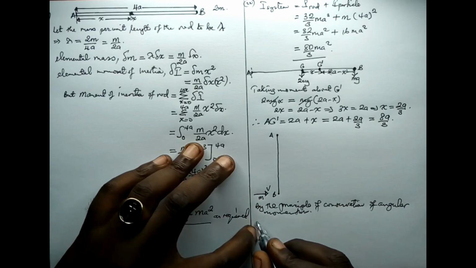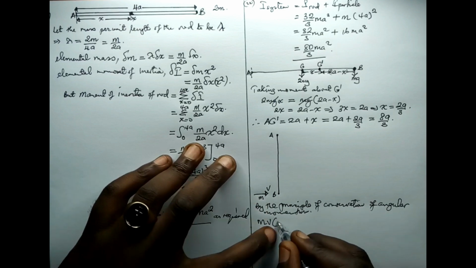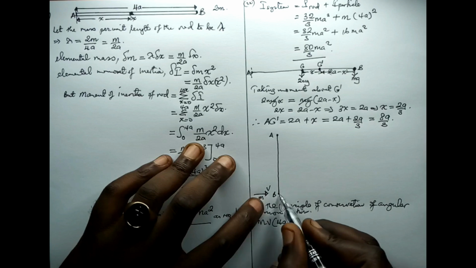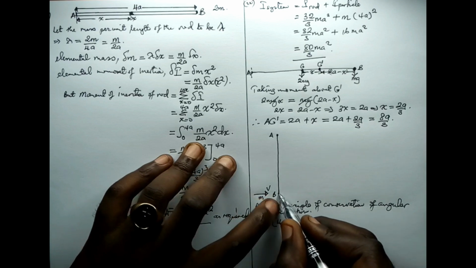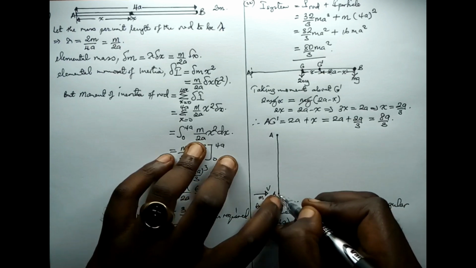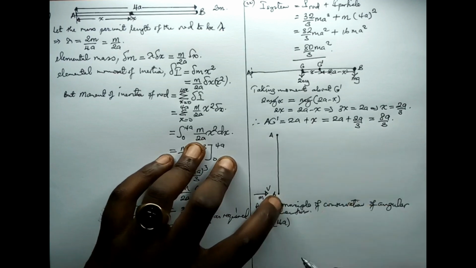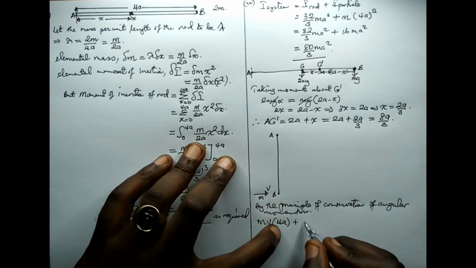So we are going to say moment of momentum of the particle, which is actually the linear momentum times the perpendicular distance from the axis of rotation, which is 4a. Don't forget the particle hits the rod at B and the axis is at A. So the whole distance from where that collision takes place to the axis is the length of the rod, which is 4a, plus 0.